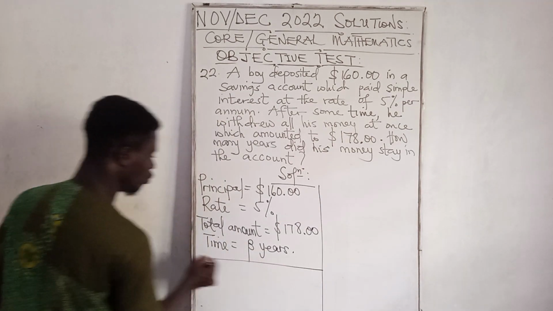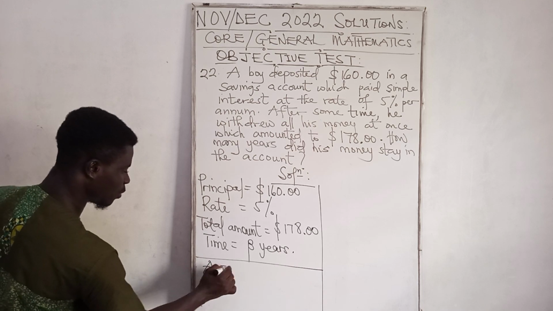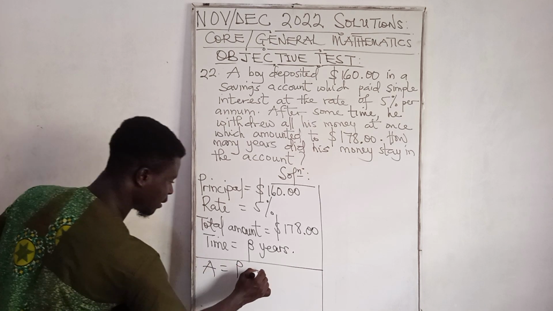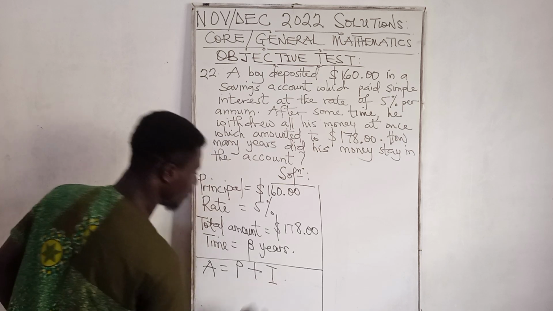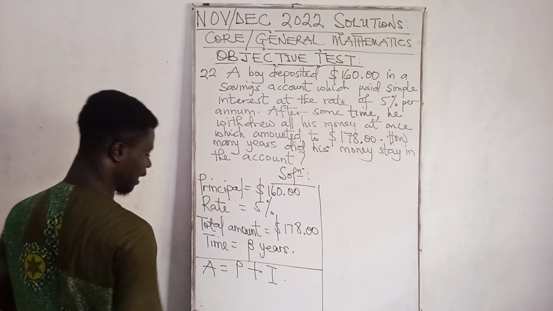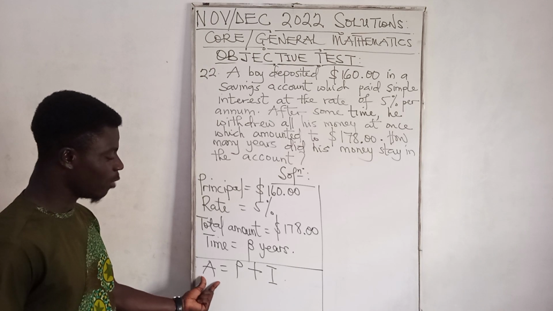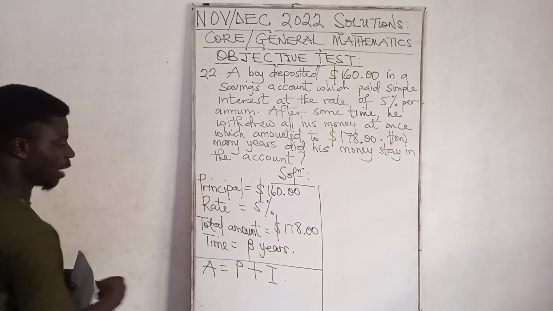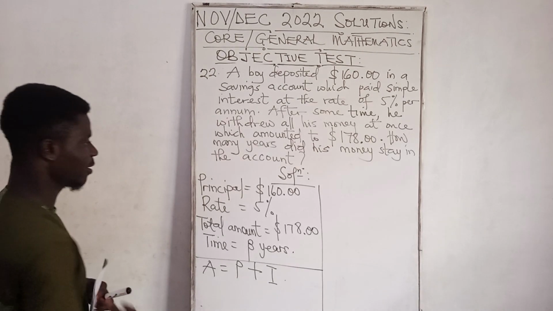So now, we know that the total amount, which is A, is equal to the principal plus the interest. Now, we do not know the interest, but we know the amount and the principal. So we can use that to find the interest. So now let's see.